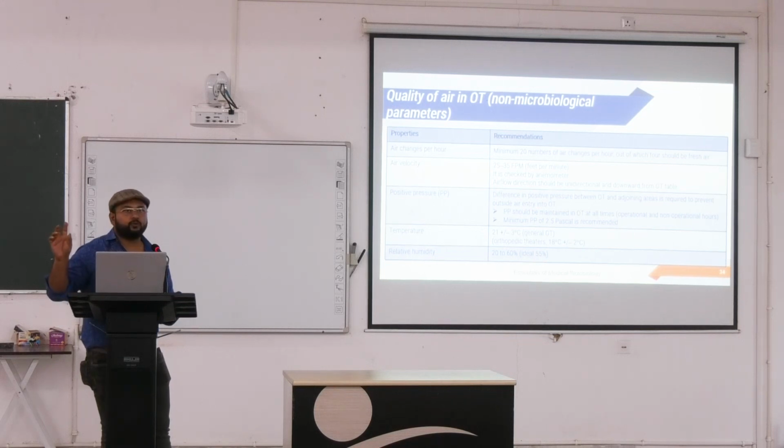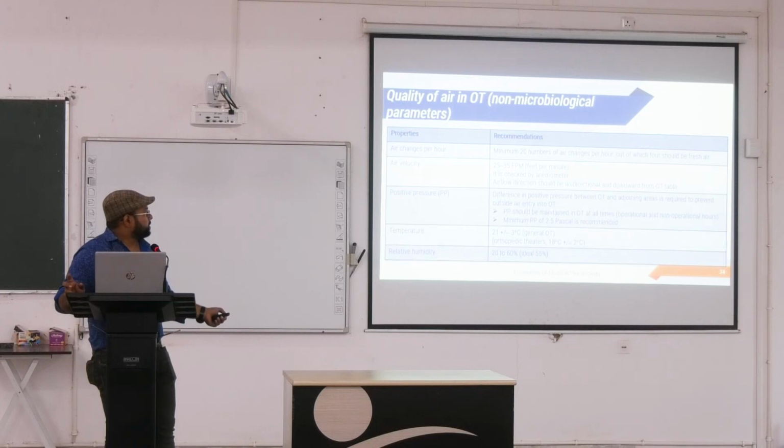So there should always be positive pressure in the OT, maintained at all times, during operation and non-operation hours. A minimum positive pressure of 2.5 Pascal is recommended. Temperature 20 plus or minus 3; in orthopedic OT a little lower, 18 degrees plus or minus 2. Relative humidity 20 to 60%.